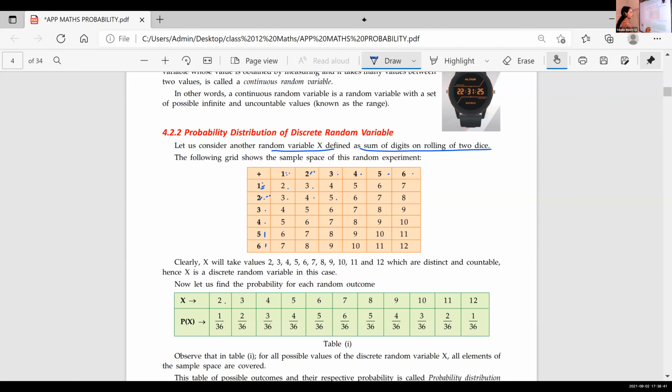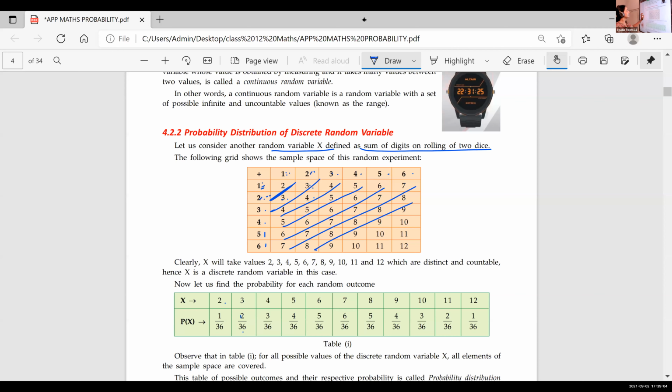Sum 5, 4 by 36. Sum 6, 5 by 36. Sum 7, 6 by 36. Again sum 8, 5 by 36. Sum 9 is 4 by 36. Then 3 by 36, 2 by 36, and 1 by 36. This table only we call it as probability distribution table.